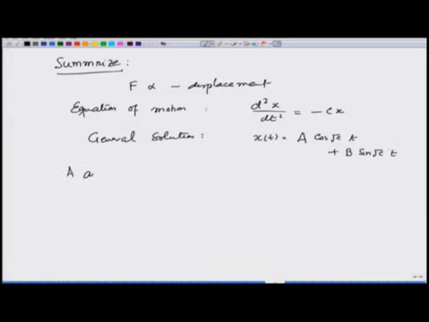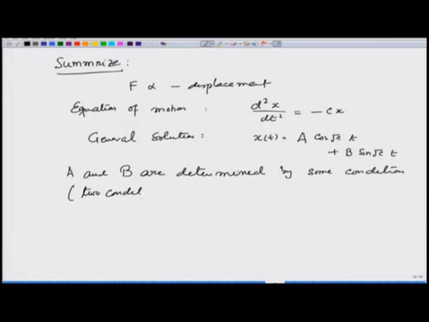A and B are determined by some conditions, in fact two conditions, given. This could be x and the velocity, the displacement and the velocity at a certain time, or two displacements at a certain time, and so on.